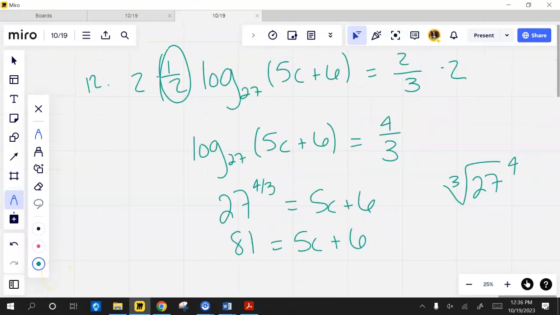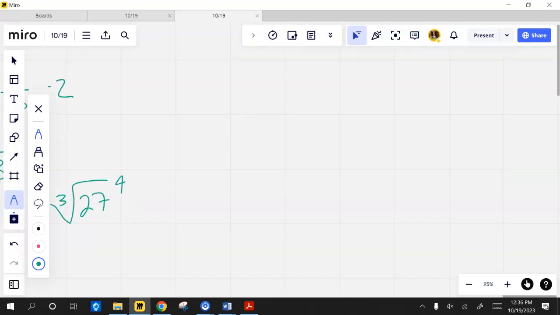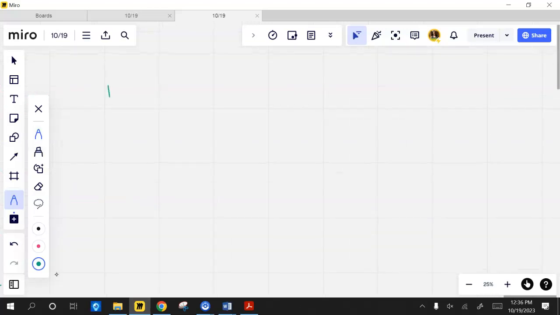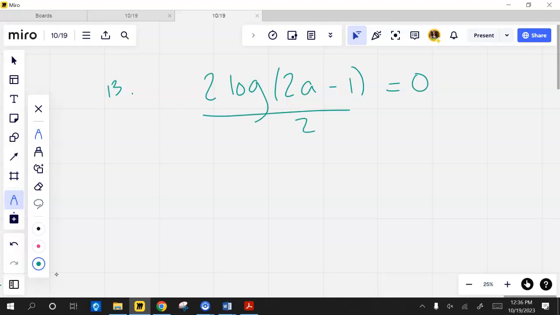How many minutes to finish this one? You got it? 13. Was the problem that y'all just aren't isolating the log like you're supposed to? Who's number 3?